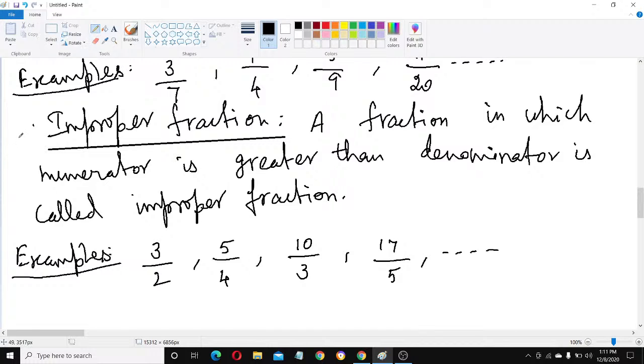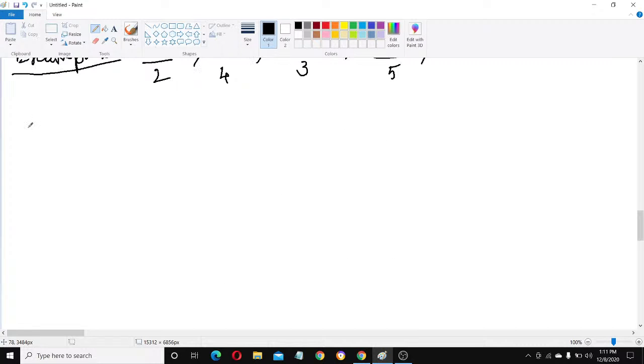First type is like fractions, second one unlike fractions, third proper fraction, fourth type is improper fraction. Now fifth one, mixed fraction.